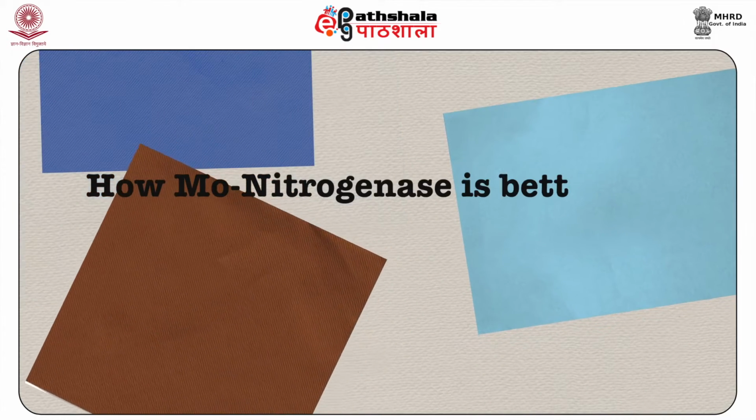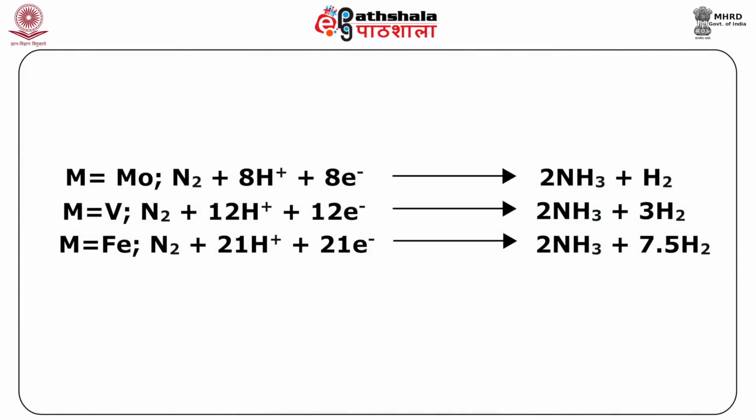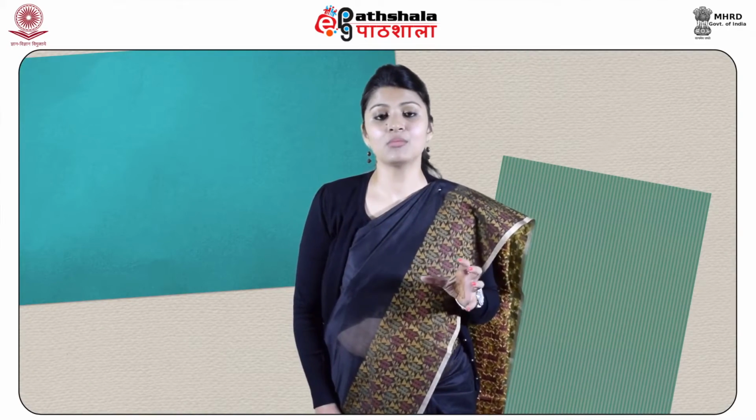How is molybdenum nitrogenase better than the rest? Among all the three nitrogenases, molybdenum nitrogenase is the most efficient in terms of nitrogen fixation, owing to less waste of energy. Limiting stoichiometries are as follows. Initially, molybdenum was considered the most likely site for substrate binding and catalysis, since molybdenum nitrogenase is significantly more active in nitrogen reduction than its vanadium or iron analogues.